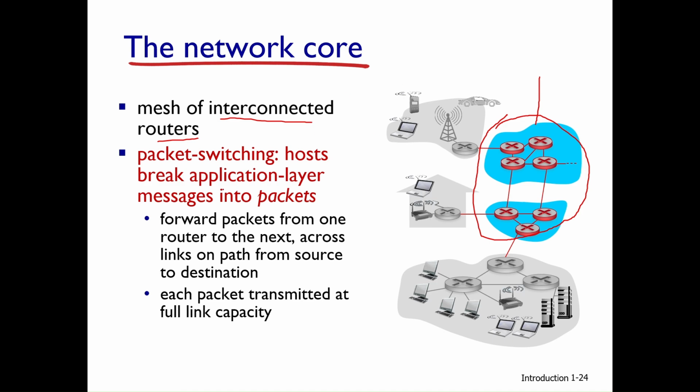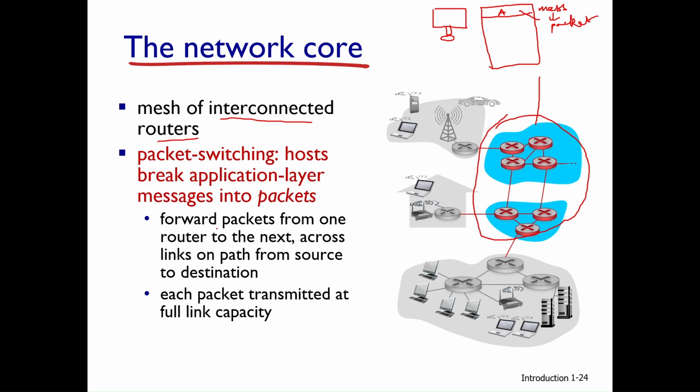Packet switching: the host breaks application layer messages into packets. In a host we have many OSI layers. The topmost layer is the application layer, where the host breaks the message into packets of data.